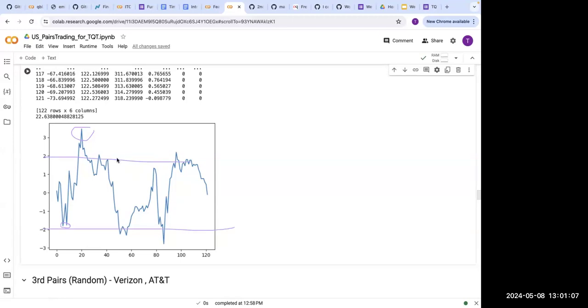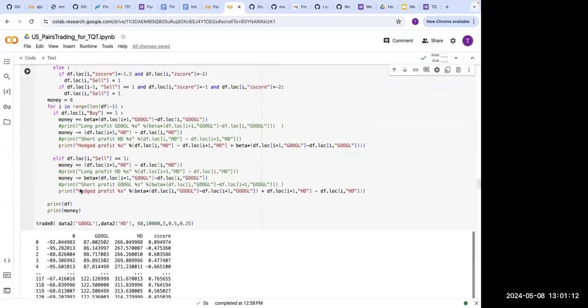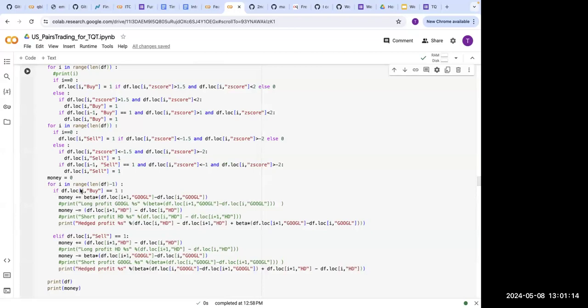Okay. So here, I have actually run a simulation to see how well the strategy performs, right? Whenever you see a buying signal from the Z-score, that's indicated by an index of 1. Again, same idea as engulfing.